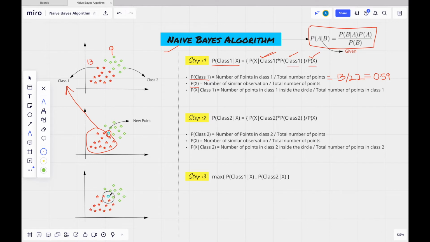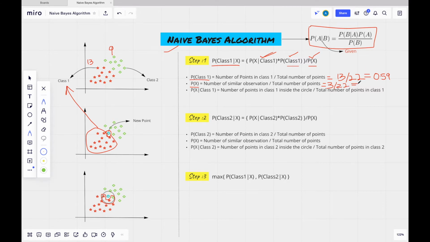The new point will behave like the points around it, because it will be similar to the points in its neighbourhood. So the number of similar observations inside the circle is 1 2 3, 3 points. 3 divided by the total number of points, which is 22, 13 plus 9.